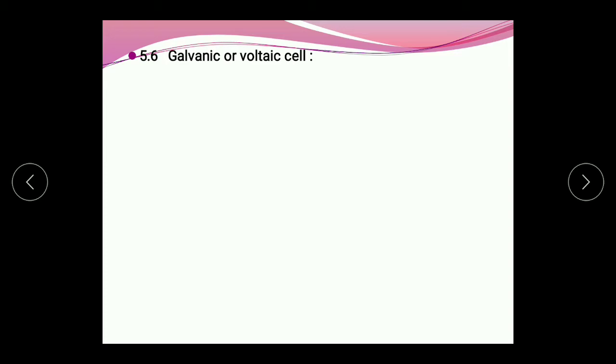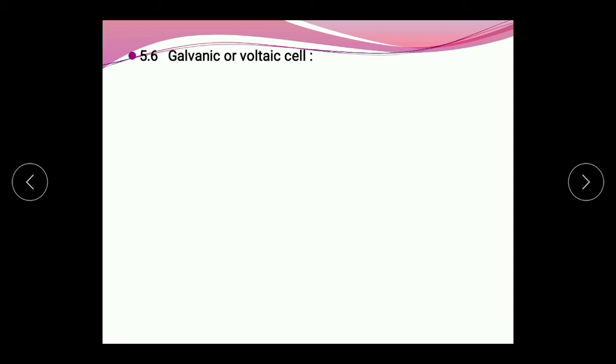Now, let us begin with today's session, in which we are going to learn about the galvanic or voltaic cell. It is the second important type of cells in this lesson.